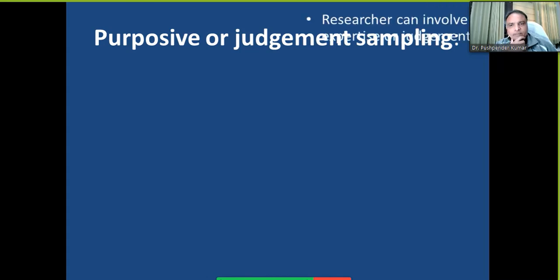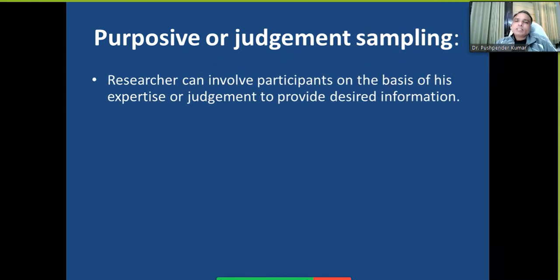Then we have purposive or judgment sampling. In this, researchers involve participants on the basis of their expertise or judgment to provide desired information. So if I am collecting data from those who have bank accounts, I can judge better than anyone else that many people come to the bank every day because they are not happy with the services. So every day they come here and fight with the banker.